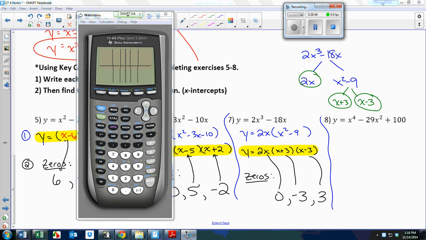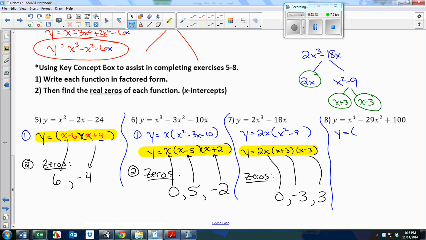Technique 1, you have 3 terms, no GCF, you Lloyd. X squared times x squared is what you would multiply to make x to the 4th. Now, if the last 2 numbers are actual numbers, then your middle will be an x squared term. So what multiplies to make 100 but adds to make negative 29? Negative 25 and negative 4.